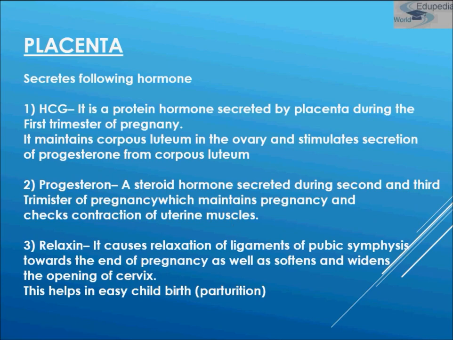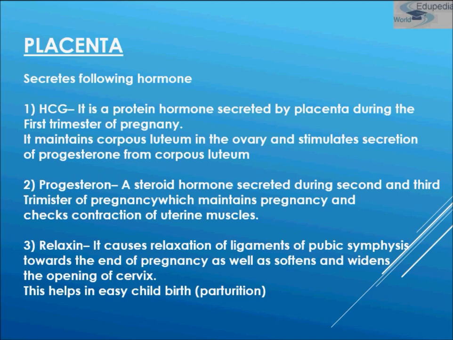So progesterone is a progestational hormone that maintains pregnancy, and it also causes increased secretion of mucus in the cervix of the uterus that forms a protective plug during pregnancy, and it also acts on the mammary glands of pregnant ladies that stimulate formation of alveoli, milk formation, milk secretion, and milk ejection.